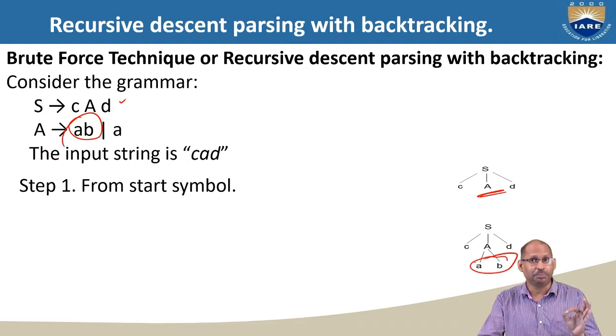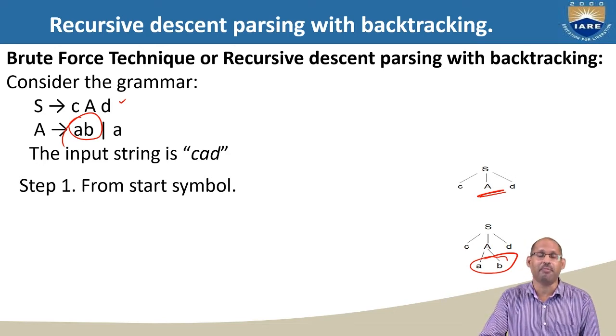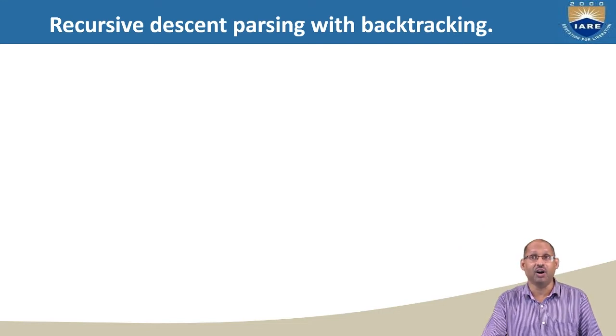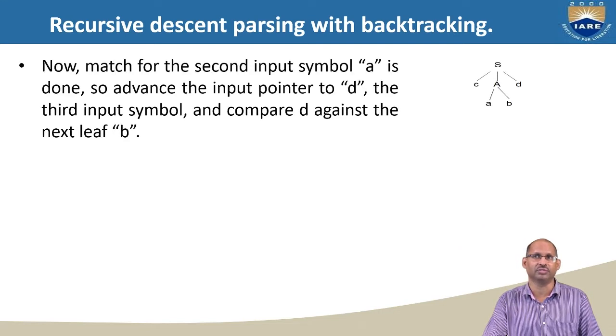So, in the expansion of the non-terminal, first we consider the first production. If it doesn't match, here we require the input string CAD. But what is the string we got? CABD. It doesn't match. So then we take the alternative production, right?